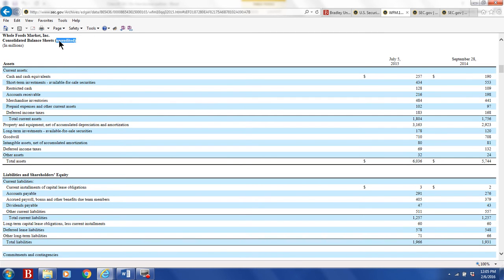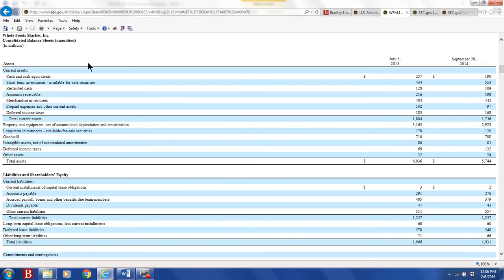One thing you'll notice up here is that these quarterly reports are unaudited, and so what we receive is information that has been put together by management but has not been audited by an external auditor. The external auditor does something that's a review, which is a much simpler check of the numbers.